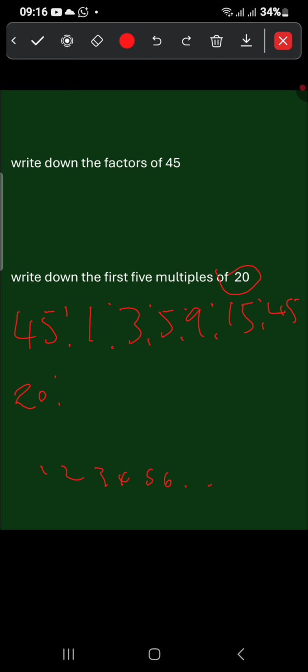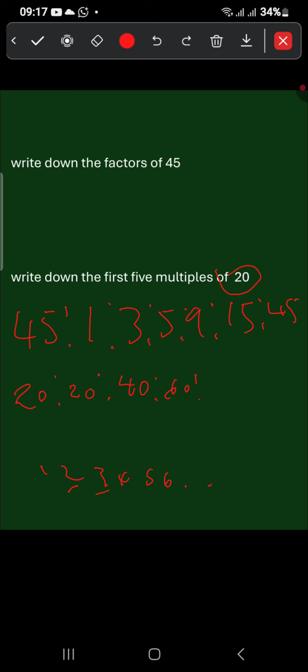If now I want the first multiple of 20, I multiply by 1 is 20. Now I multiply by 2. 20 multiplied by 2 is 40. Then you multiply 20 by 3. 20 multiplied by 3 is 60.